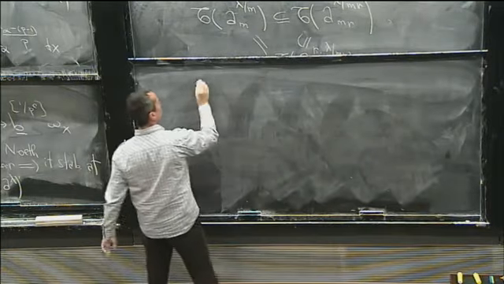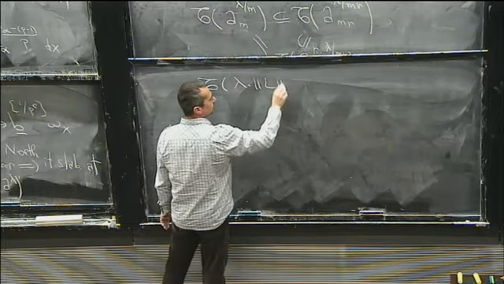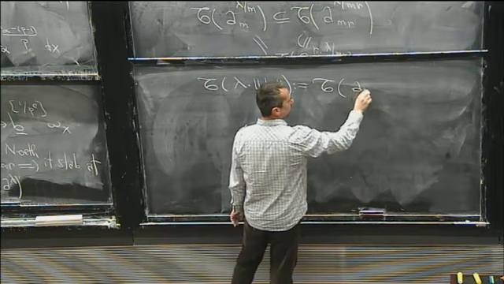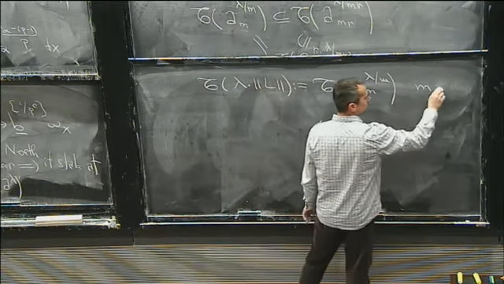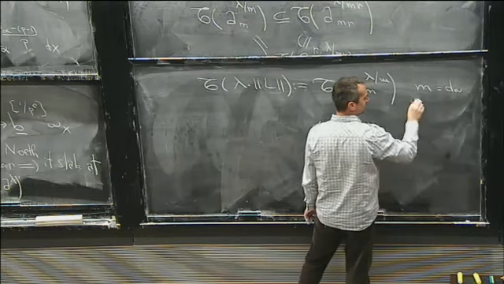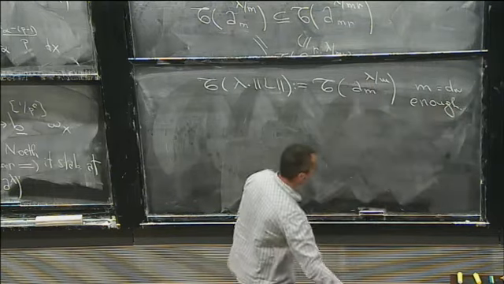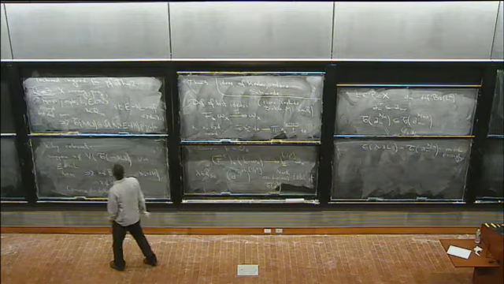All right, so now this test ideal of lambda times L is by definition the test ideal of a_m^{lambda/m}, where m is divisible enough. Now let me actually prove this theorem.